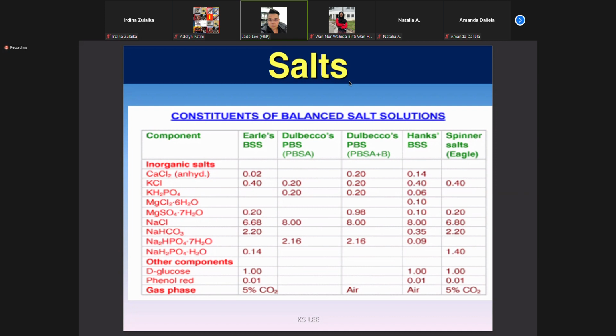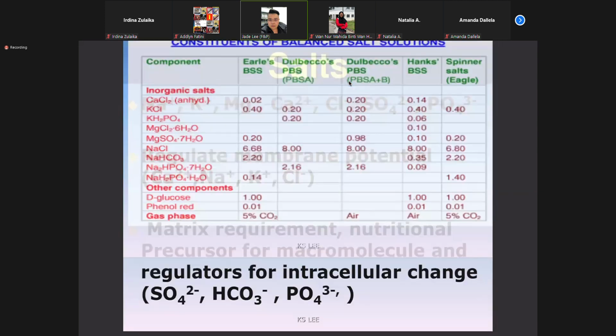Yeah, because the cell preference towards the salt solutions is also different based on the characteristic. Okay? Some probably need more calcium ion. Some probably need more magnesium ions. So they are different, right?